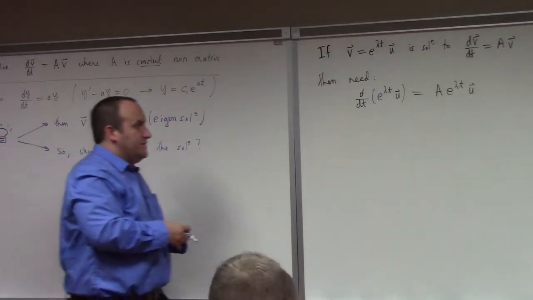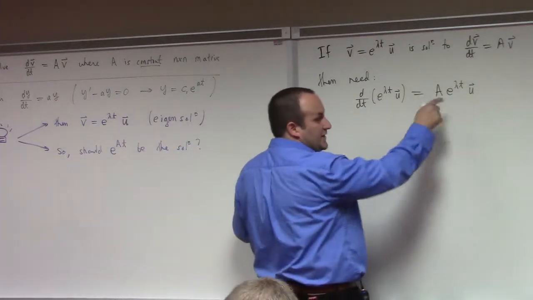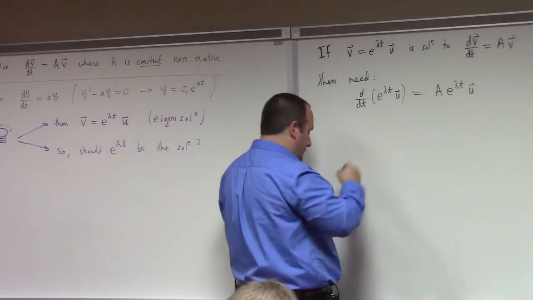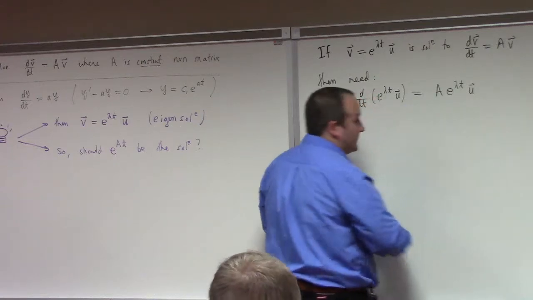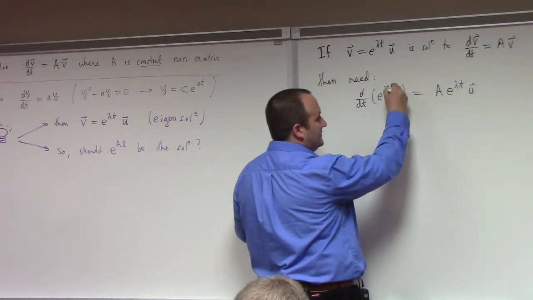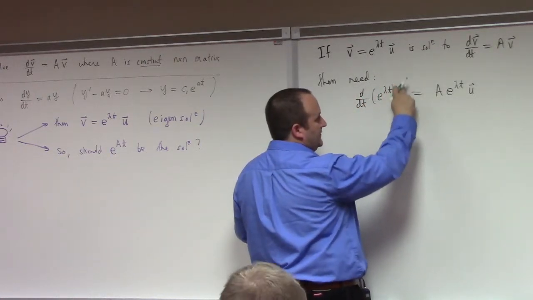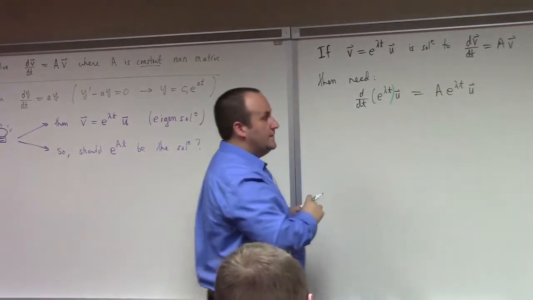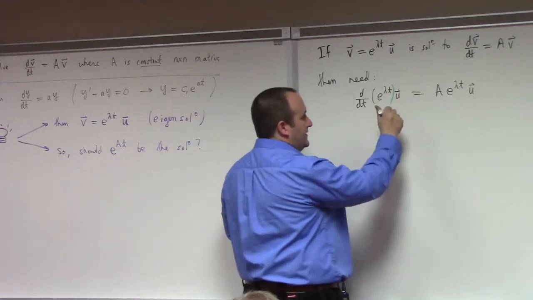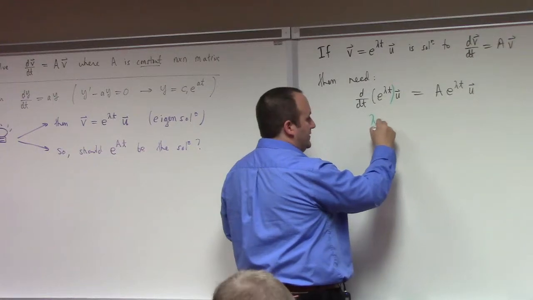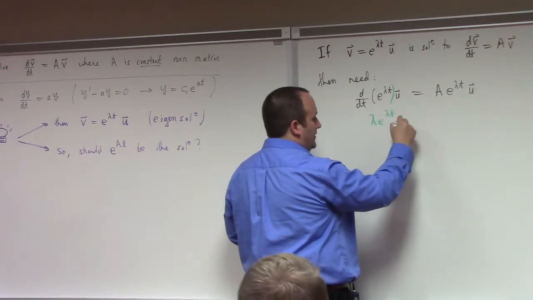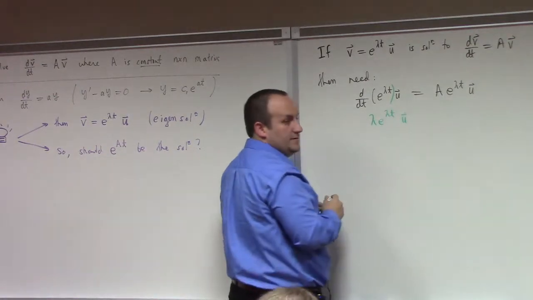Now, here we're assuming that u is constant, right? So if u is constant, we can pull it outside the differentiation. So u is outside the derivative. Now what's the derivative of e to the lambda t? It's lambda e to the lambda t, and then that u just rides along.